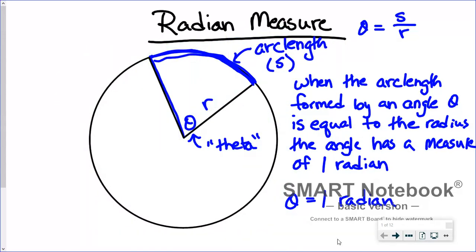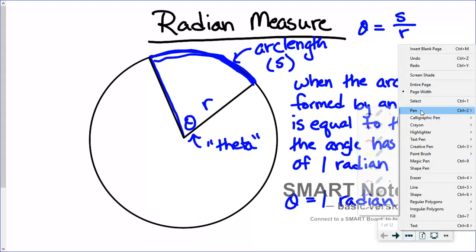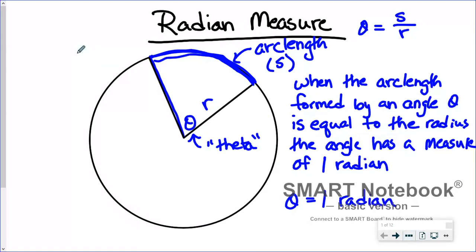Let's talk about one full revolution. Now we know that one full revolution is 360 degrees, but let's talk about it in radians.